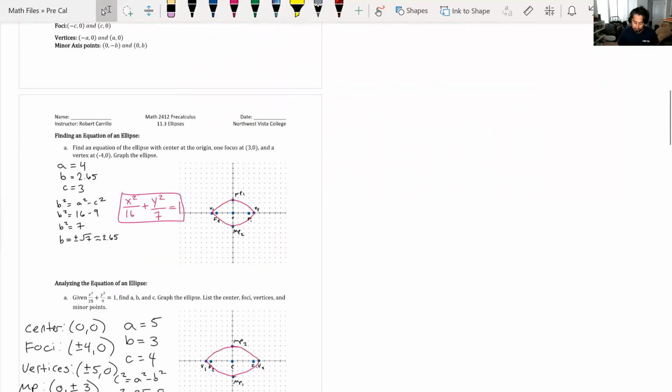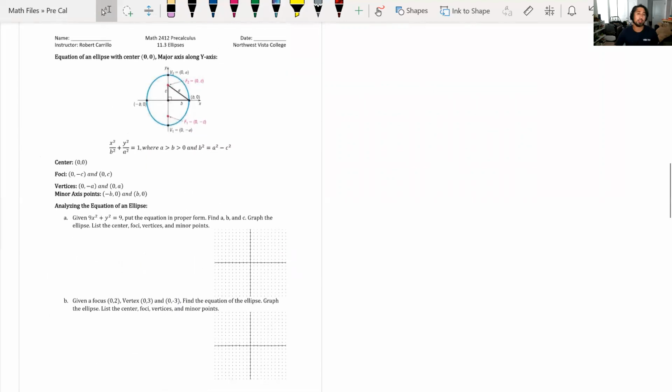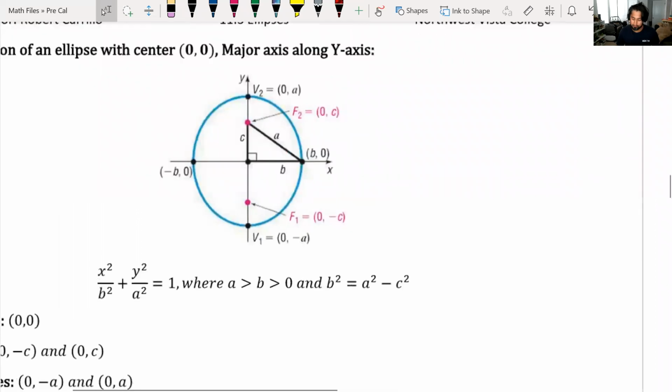Okay. The next one is an ellipse with the center at the origin, but now your major axis is the y-axis. All right, so let's look at this type of ellipse.